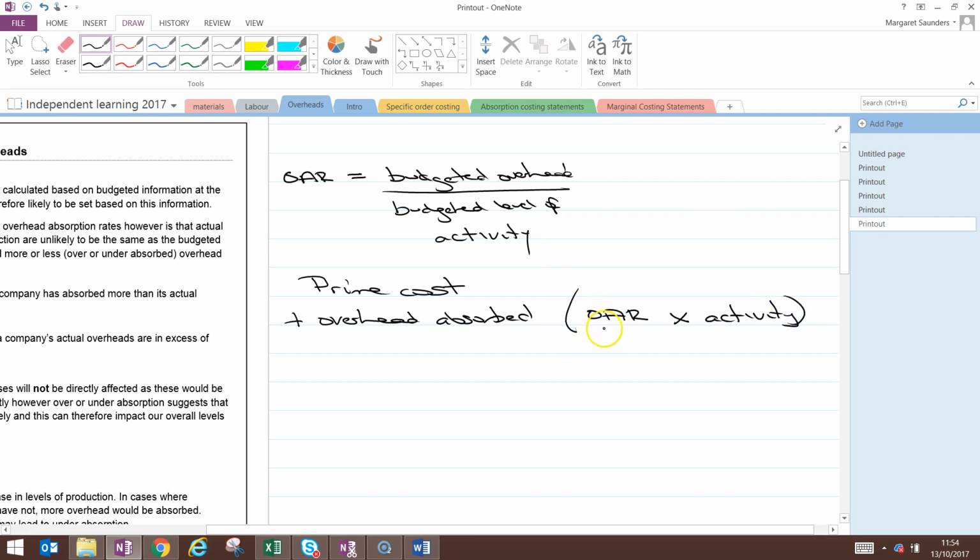So if the overhead absorption rate is labour hours, then we multiply it by the labour hours. And that gives us the total cost. We can then look at the profit required, and we have a selling price.